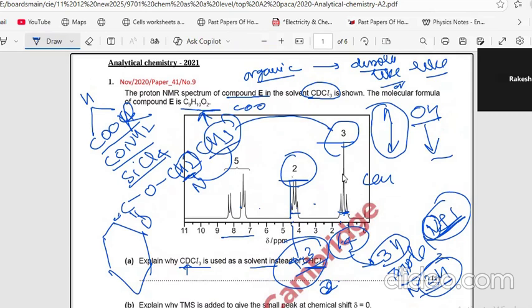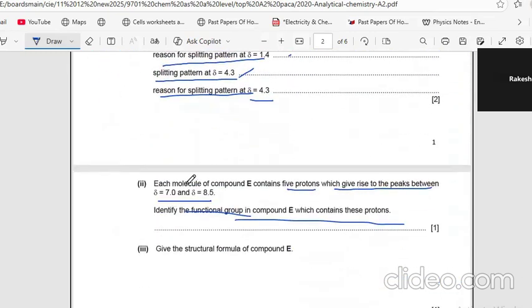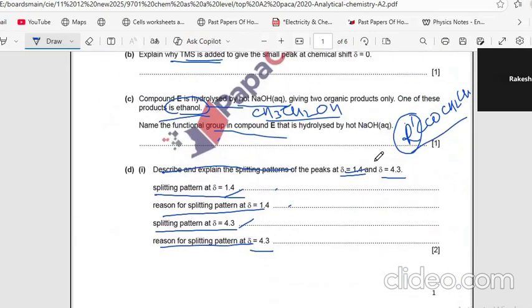And the CH2 has 3 next to it, so that's why it has 4 peaks. These are 4 peaks, so n plus 1 is 4, which means in the neighboring group you have 3. So this has a neighbor of 3 and this has a neighbor of 2. And the alcohol, he's told us, is ethanol.